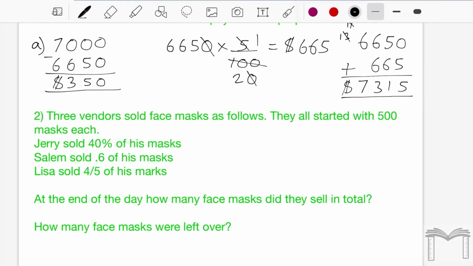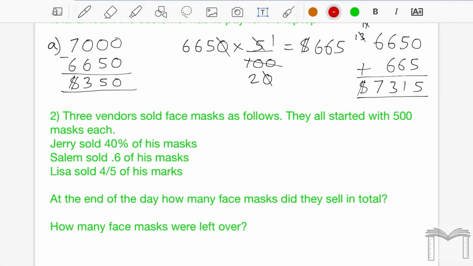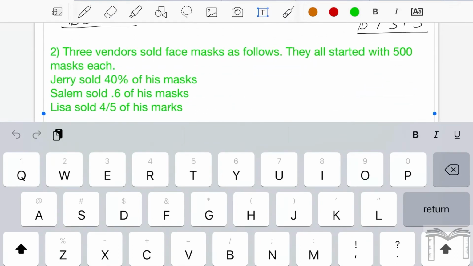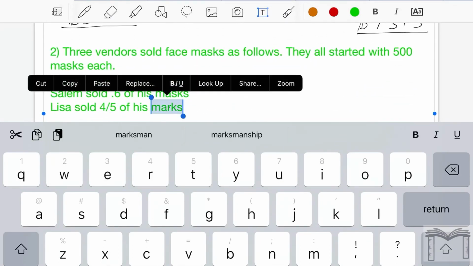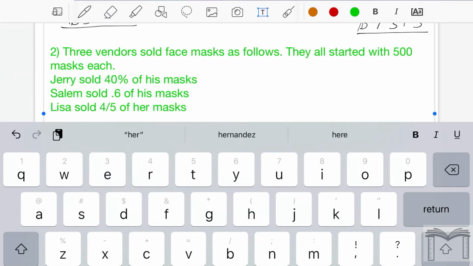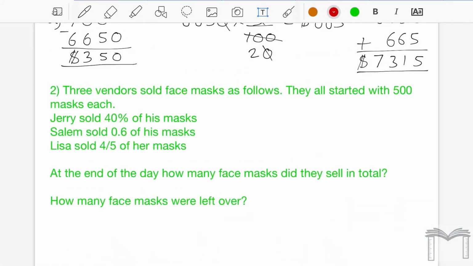So let's fix those typos. At the end of the day, how many face masks did they sell in total?